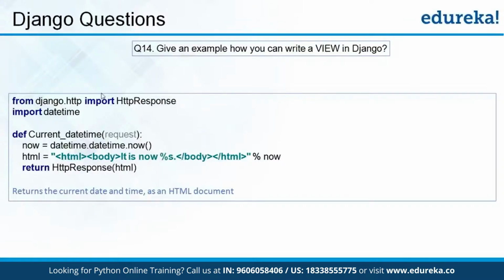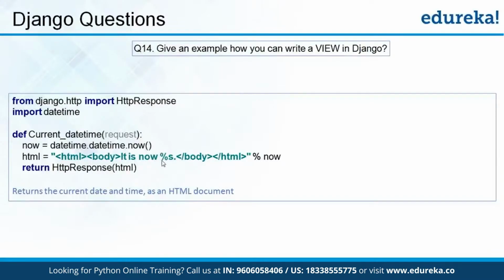You have a views.py file where you put from django.http import HttpResponse, because you are going to give out an HTTP response, and import datetime. What this particular view does is return the current date and time as an HTML document. So you'll get an HTML response, an HTML file which shows the current date and time.